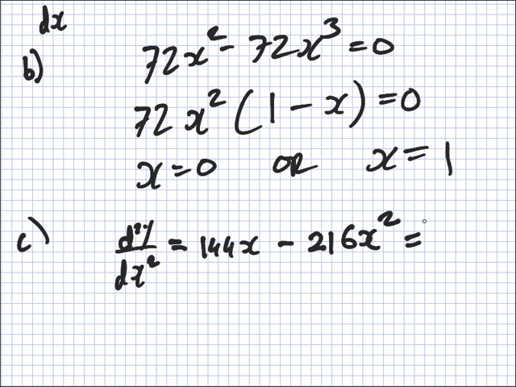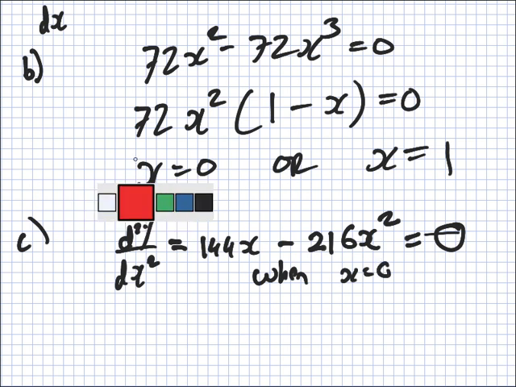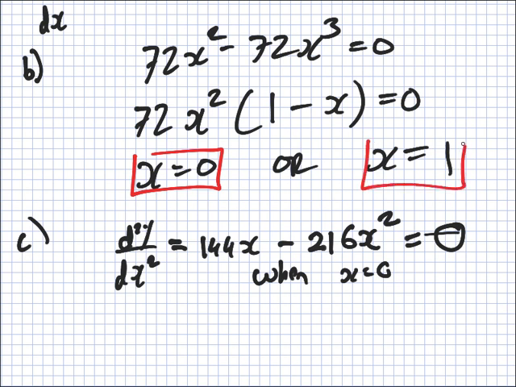Because they tell us, confirm there's a point of inflection at 0. What do we get? 0. This is when x is 0. Now, this is a problem, because we know from the previous part that if x is 0, the first derivative is 0. So, this is also the same problem when, oh no, it's not a problem when x is 1.